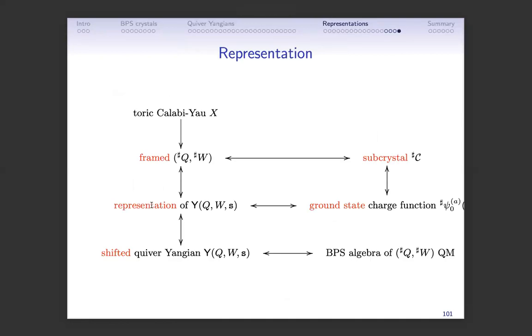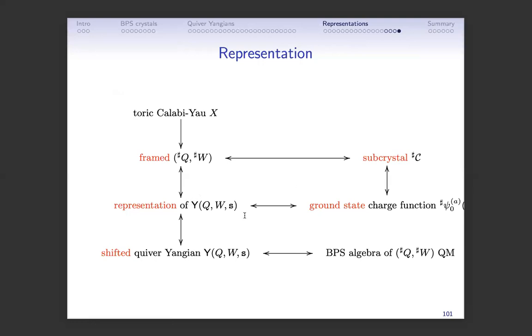Now you see that for the general subcrystal, this relation here. For a generic subcrystal, in particular the simply connected one that corresponds to an irreducible representation, it corresponds to some ground state charge function. From here, when you apply all these generators, you can grow the entire representation.